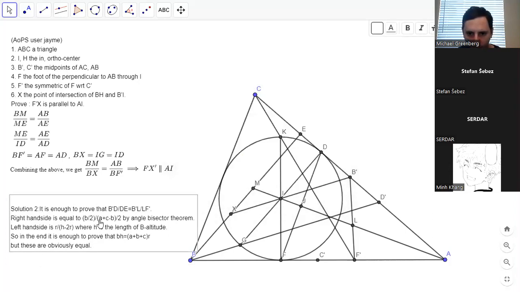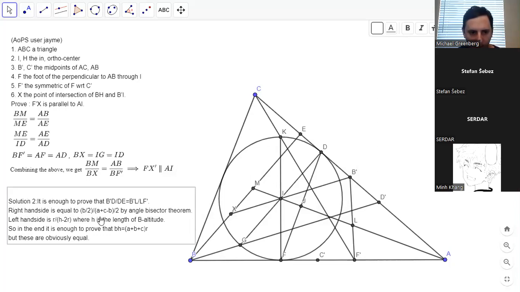So BD prime over DE is equal to B prime L over LF prime. LF prime is B prime D. Well, so that would show that DL is parallel to EF prime, right? We know that B prime D over DE equals B prime I over IX. So it will be what we want.